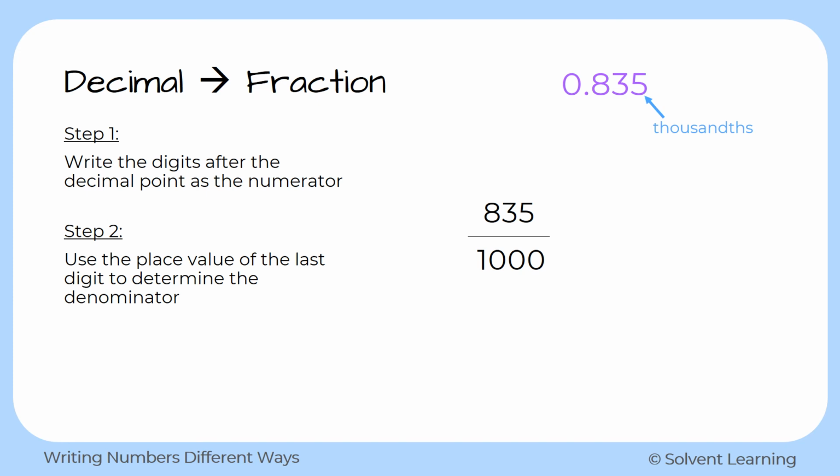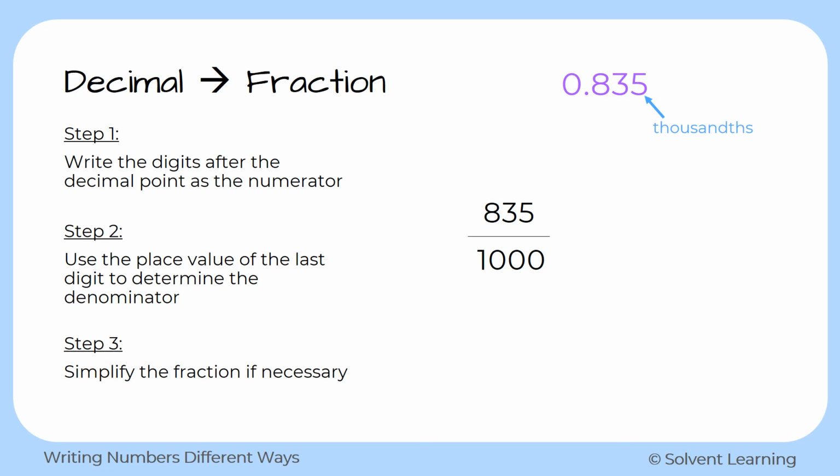So now we see we have our decimal number changed into a fraction. And sometimes it is helpful to simplify the fraction, depending on if the problem tells us that it needs to be simplified. So, do 835 and 1,000 have a common factor that we can divide them by?